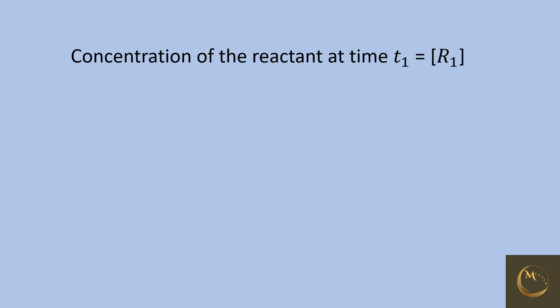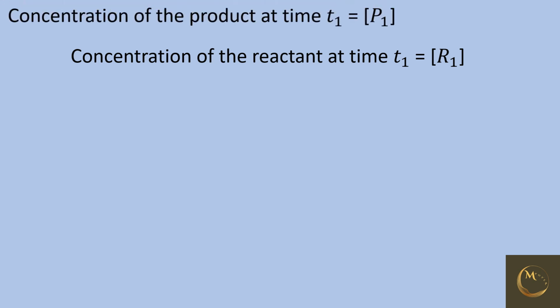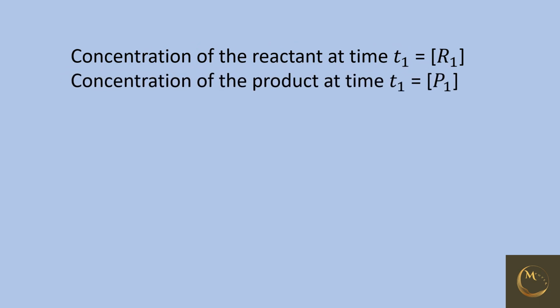Let us say the reaction has just now started and at time t1, let [R1] be the concentration of the reactant and [P1] be the concentration of the product. I am using square brackets here to represent molar concentrations of R and P.